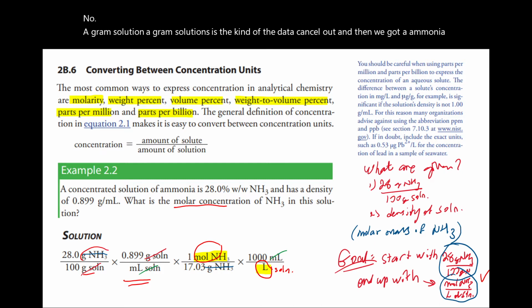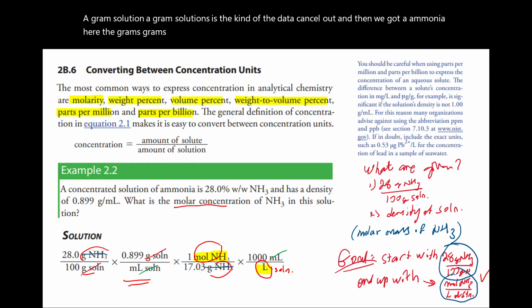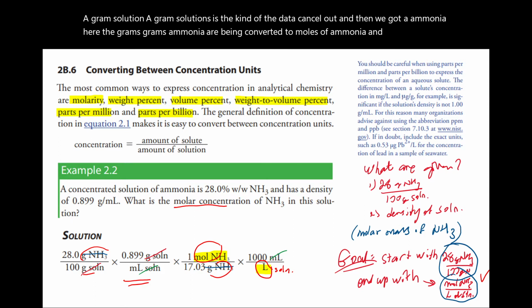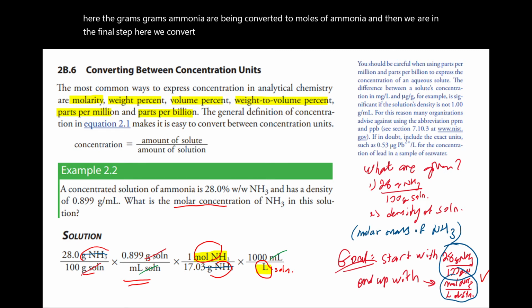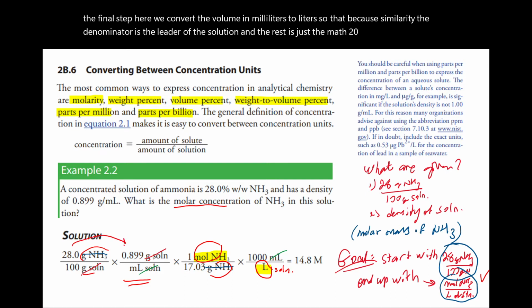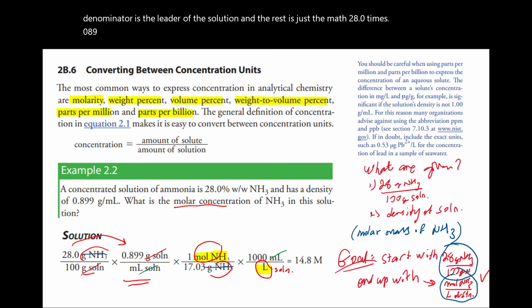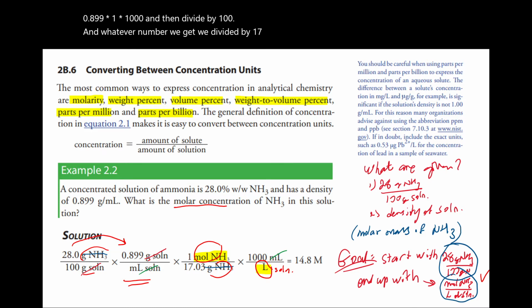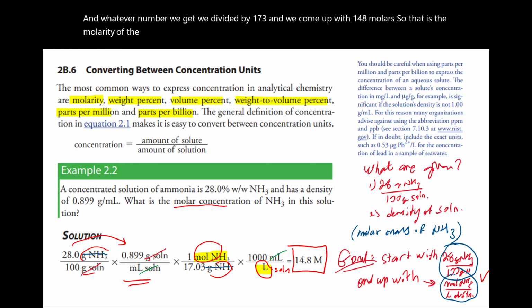The grams ammonia are being converted to moles of ammonia, and then in the final step here we convert the volume in milliliter to liters, because in molarity the denominator is the liter of the solution, and the rest is just the math. 28.0 times 0.899 times 1 times 1000, and then divide by 100, and whatever number we get, we divide it by 17.03, and we come up with 14.8 molar. So that is the molarity of the solution that we have in this question here.